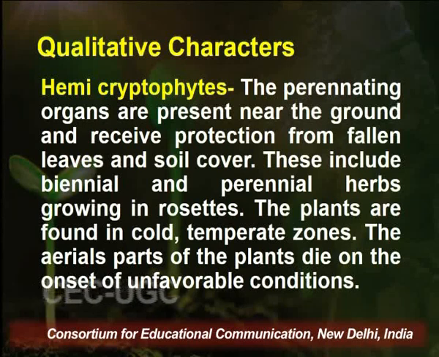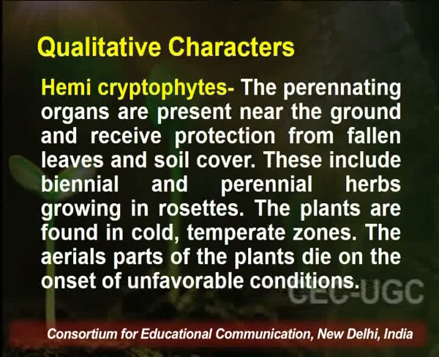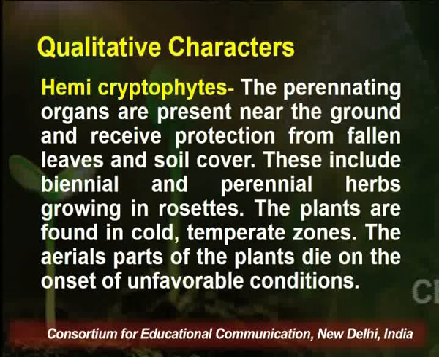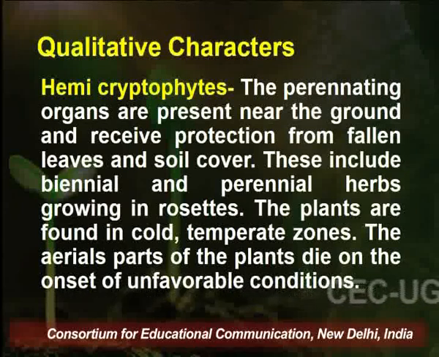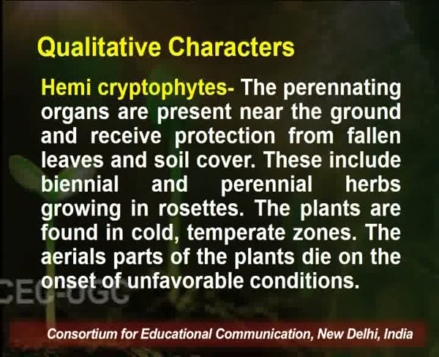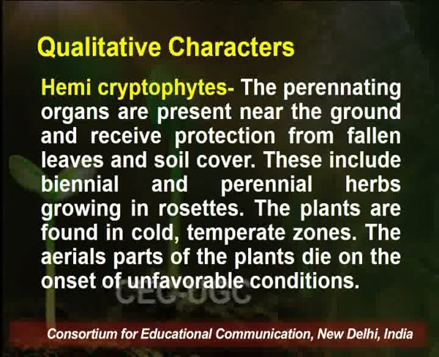Then the third type is the hemicryptophytes. As we can see in the slide, the perennating organs are present near the ground and receive protection from fallen leaves and soil cover. These include biennial and perennial herbs growing in rosettes. The plants are found in cold temperate zones and the aerial parts of the plants die on the onset of unfavorable conditions.